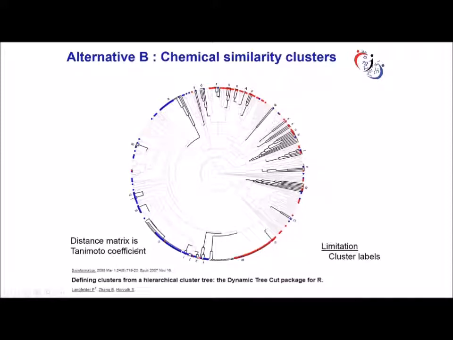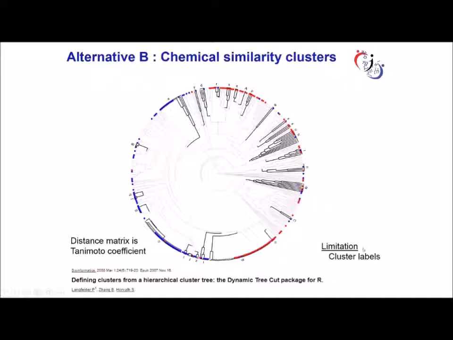You can use a distance metric such as the Tanimoto coefficient among metabolites to calculate this tree. It is straightforward to create these tree models and to define these clusters using a tree cutting algorithm such as the dynamicTreeCut package in R.